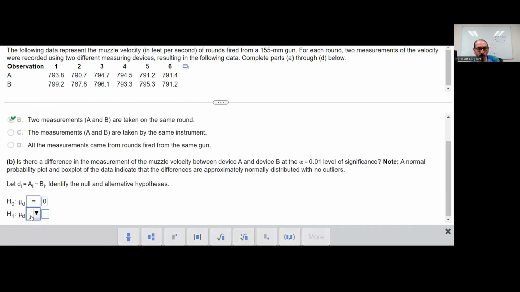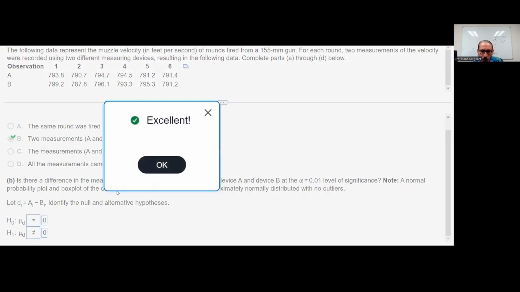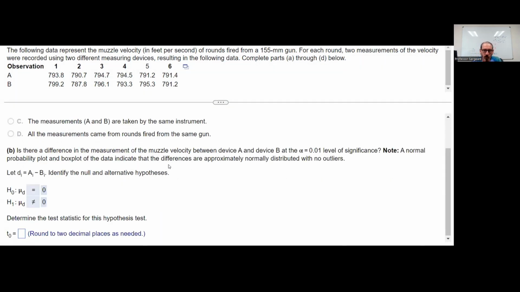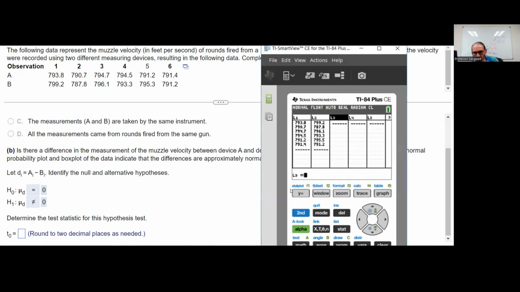We're still talking about a two-sided test in this version of the question, even though now we're supposed to rely more on technology.